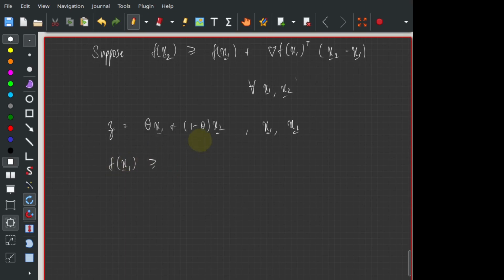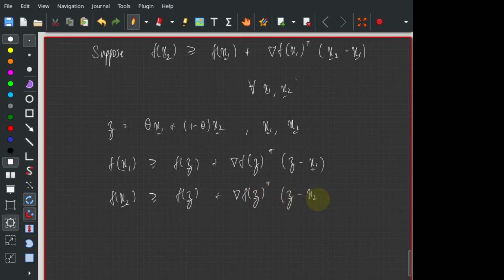I can write this as f of x1 is greater than or equal to f of z plus gradient of f evaluated at z transpose z minus x1. And I can also say that f of x2 is greater than or equal to f of z plus gradient f of z transpose z minus x2.